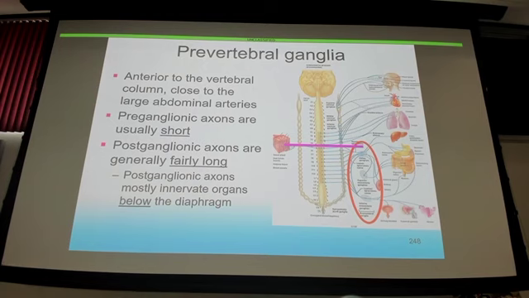That means that there are two types of sympathetic ganglia. There is the sympathetic trunk, and there is the prevertebral ganglion. If you're a sympathetic preganglionic axon, you go into the sympathetic trunk, synapse there and go out to an effector, that's going to go above the diaphragm. If you just go through the sympathetic trunk, go to a prevertebral ganglion, then synapse with your postganglionic, that's going to go to something below the diaphragm. So prevertebral ganglia supply things below the diaphragm.